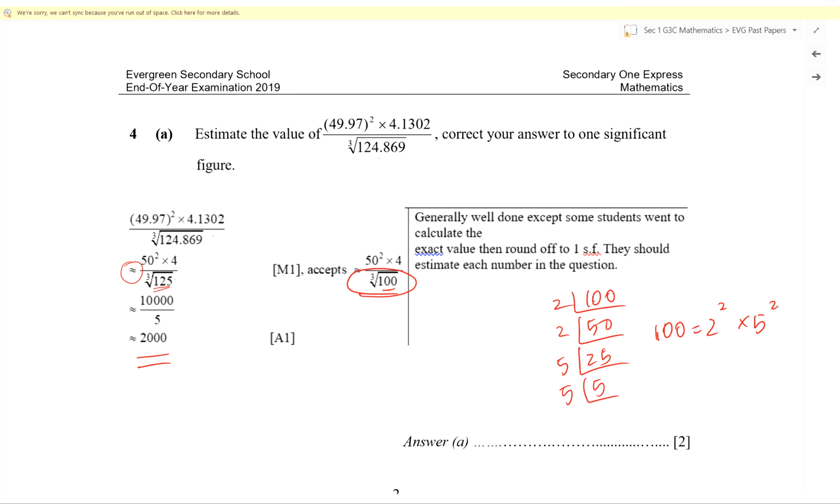Therefore, 100 itself is a perfect square, but that is because the powers are even. They are multiples of 2. If I need it to be a perfect cube, then they have to be multiples of 3. 3, 6, 9, 12. Then they will be perfect cubes.